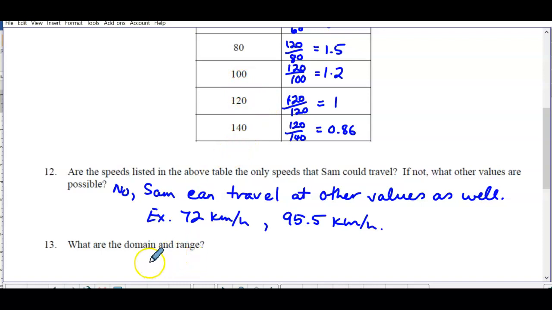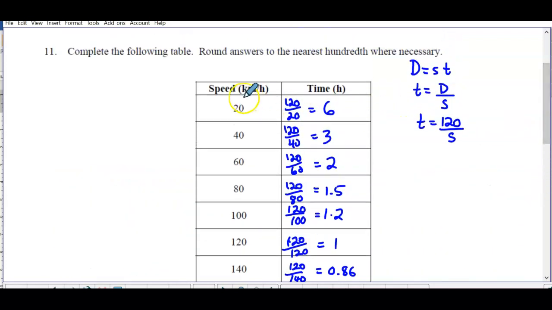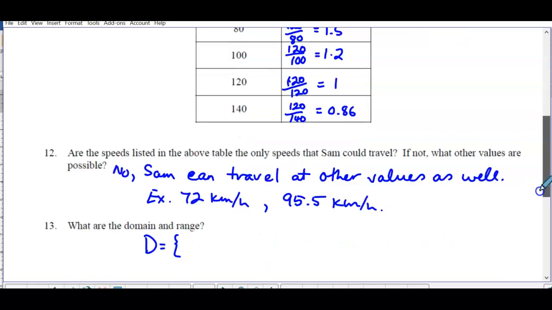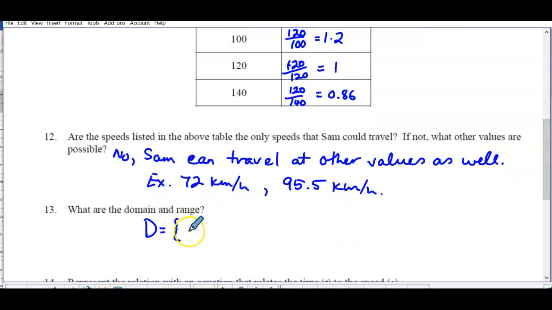So we then write our domain. We know that our speed here, we'll call this S, right? And this T. So our domain is going to be S, and S can basically be anything greater than or equal to 0. Okay, now if it's equal to 0, then he's not going anywhere. So I'm going to keep it as greater than 0.